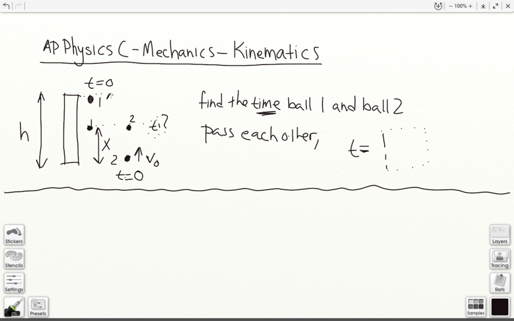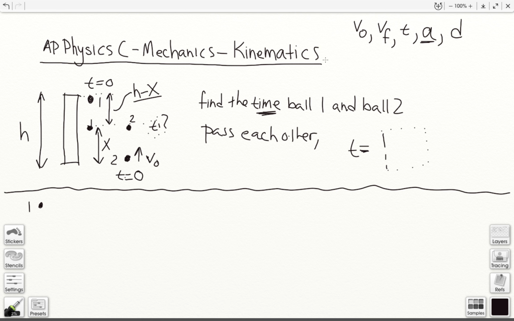So now with these kinematic equations, I like to break it apart, and I'm going to first look at ball 1. In these problems, I like to list everything I know about the object. Our 5 variables that we're concerned with in kinematics are initial velocity, final velocity, the time from the initial velocity to final velocity, acceleration, and distance.